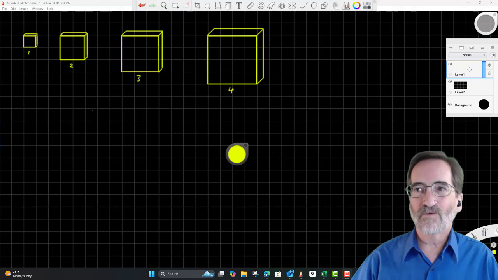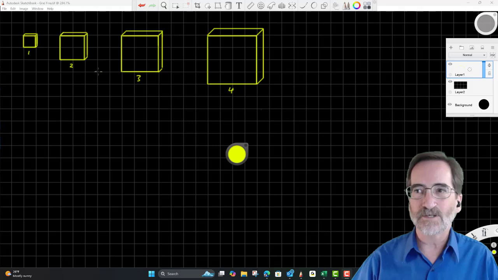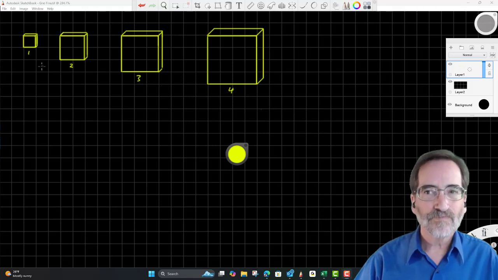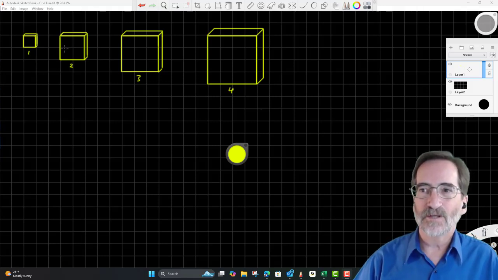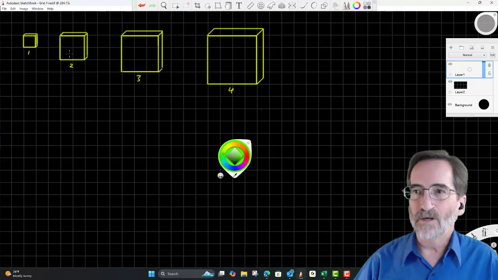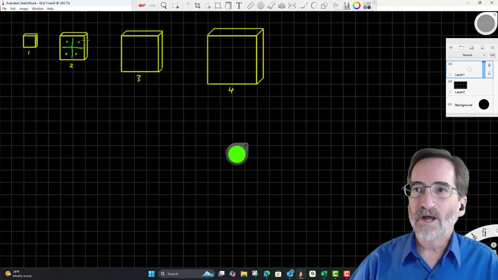Imagine here I've got 4 cubes: 1 by 1, 2 by 2 by 2, 3 by 3 by 3, and 4 by 4 by 4. As we double the dimensions, let me change colors here. Let's go to green. You've already seen before that there are 4 squares here, but now there are 2 layers of that going this way as well.